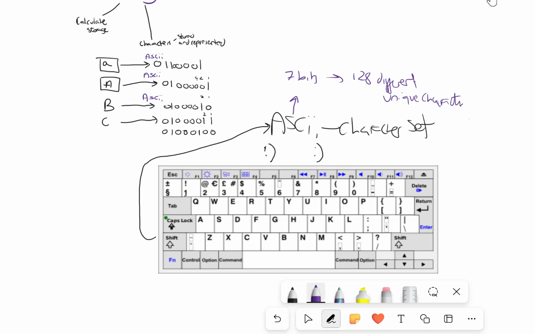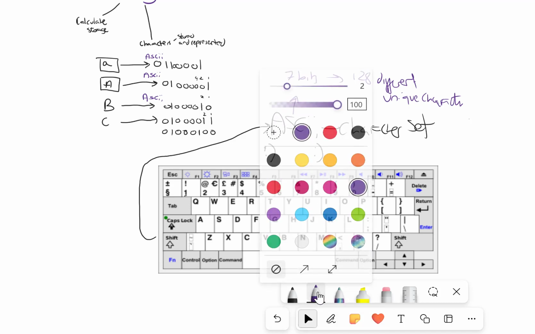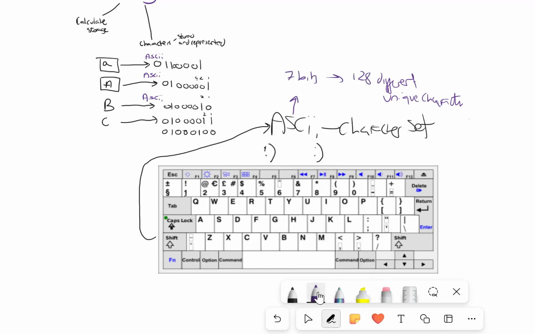Now, what about people from Russia? What about people from Japan? What about people from China? What about emojis? Those sorts of things. You can't live life without emojis. ASCII is old. It was developed in the 1960s. There was a move away from ASCII.